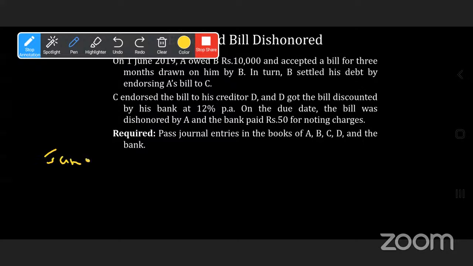B account debit to bills payable account, 10,000. Being acceptance given for 3 months.